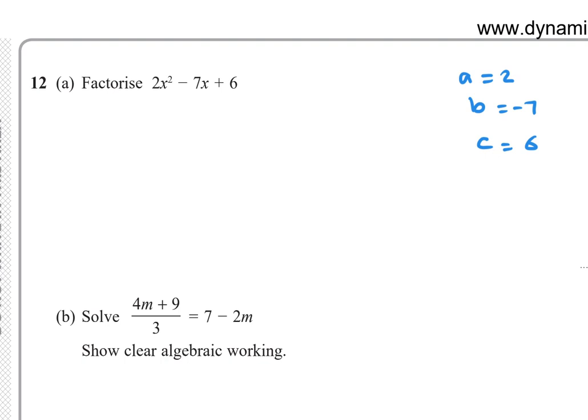You have two values for x. x equals 3 over 2 and the other value 2. So now you can write the two brackets: multiply 2 by x, so 2x, then transpose 3 to the other side by negative, and for the second bracket transpose 2 to the other side by negative, so x minus 2.